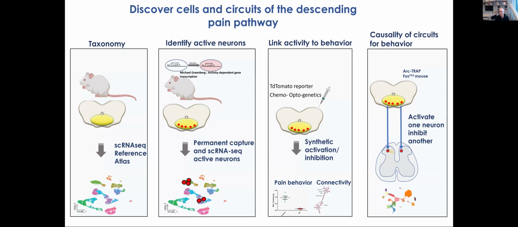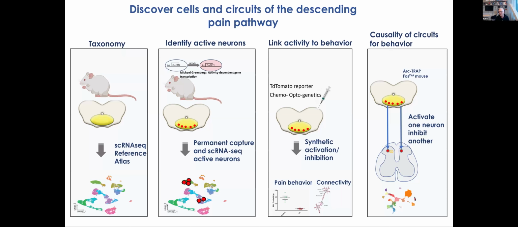We also make use of two activity-dependent gene expression trap strategies. We use the ARC TRAP, but also the FOS-TVA mouse strategy, which is called the CANE technology developed by Fan Wang. Using these two, we can look at the causality of connectivity between two structures.